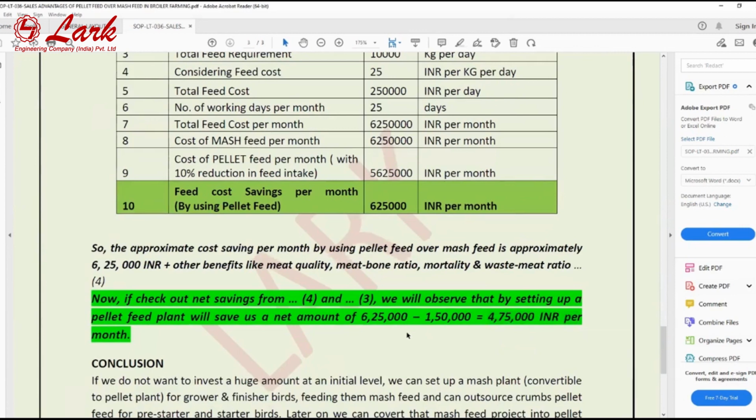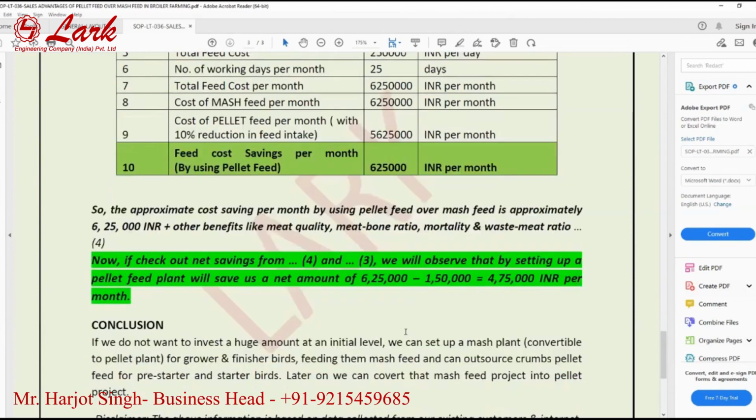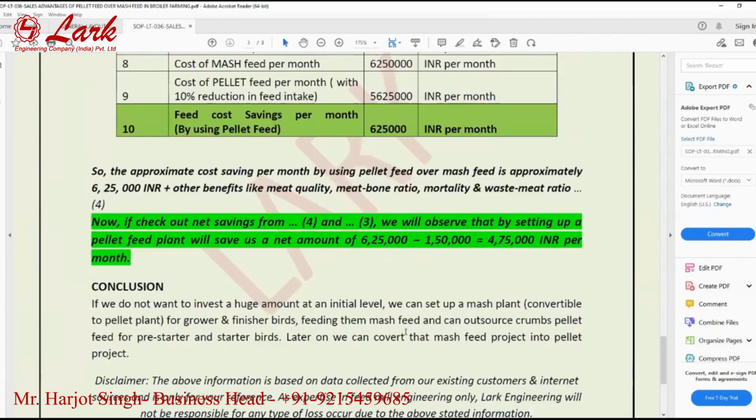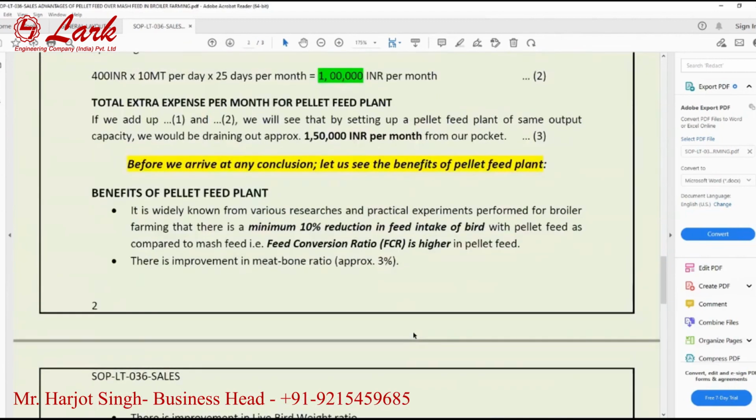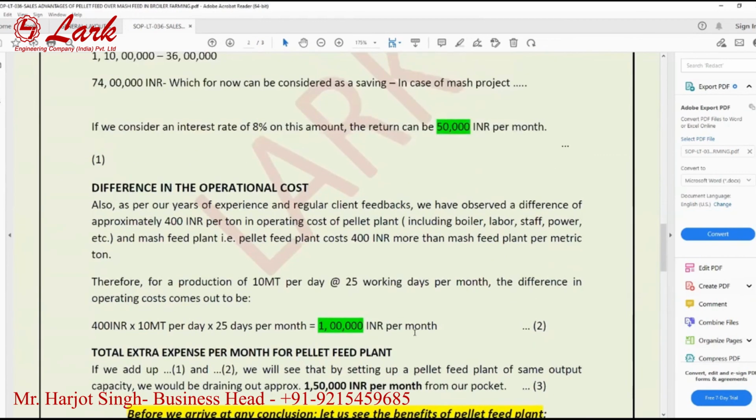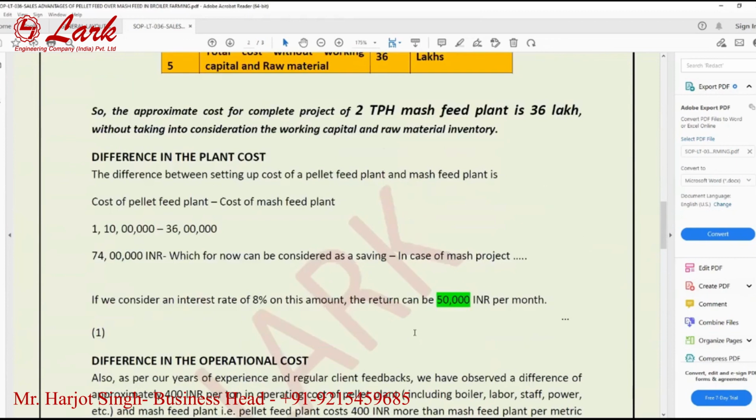But that document should be verified with respect to the market conditions, the raw material availability, and the practices of the farm. So this is a general document that we can share. Each and everyone can have their views on the document, and we can have a discussion over that.